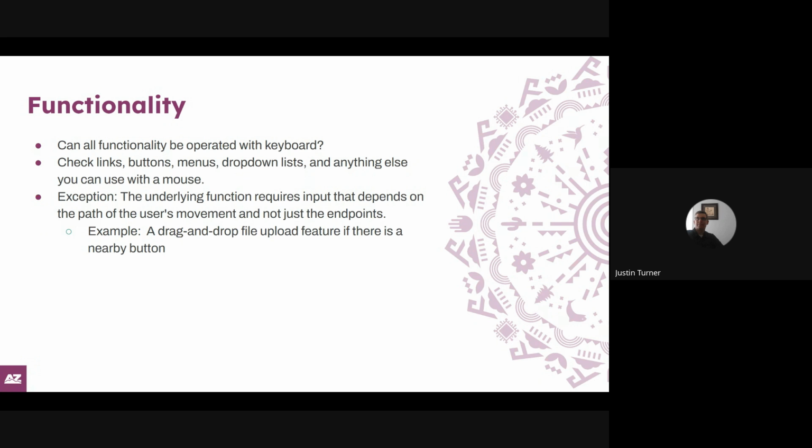I'm sure you've all seen a form where you're supposed to upload a file and you can drag and drop the file onto that form field, usually a square or area, and it will upload the file. That drag and drop upload feature doesn't have to be keyboard navigable if there is a nearby alternate keyboard accessible button that would allow a user to upload a file.